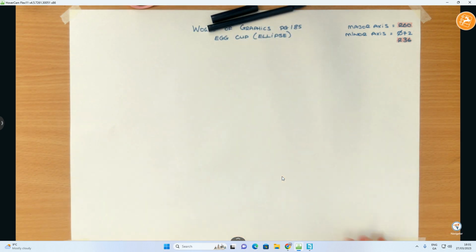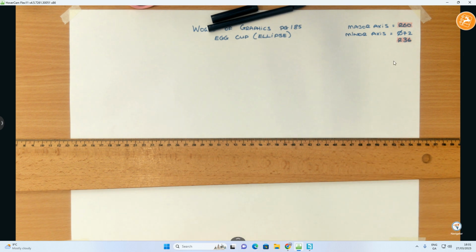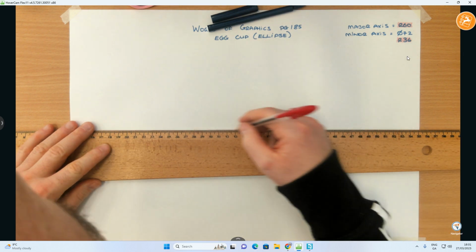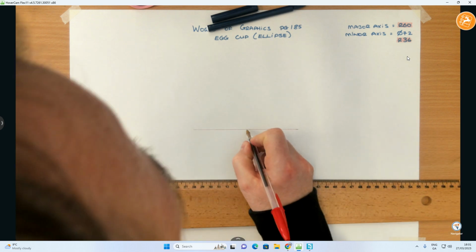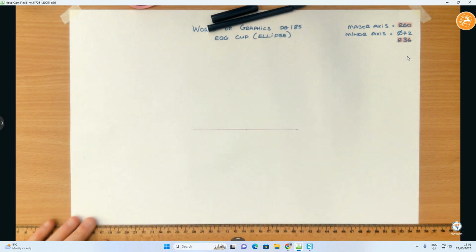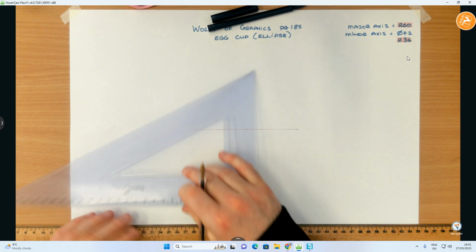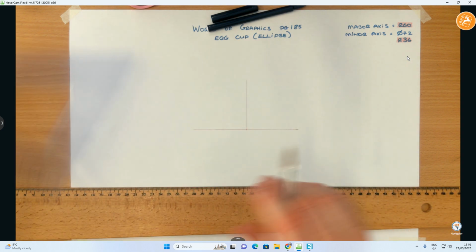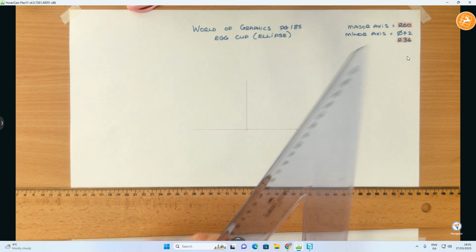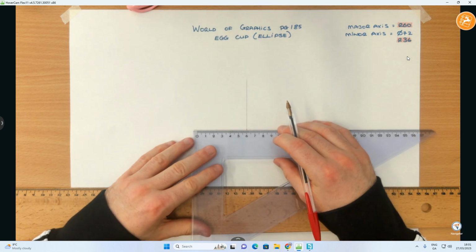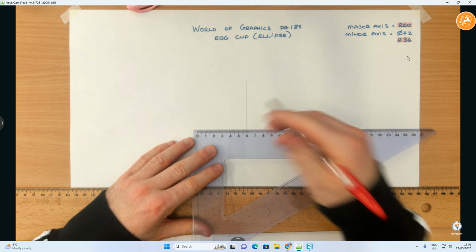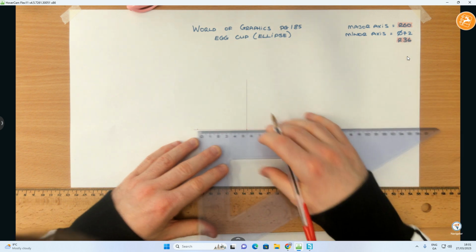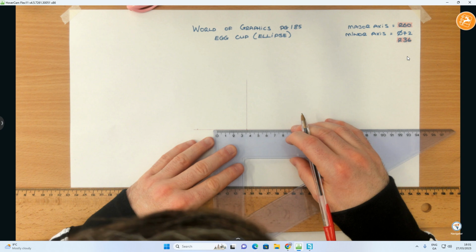So to complete this, I'm going to start off with a line in the middle of my page. I'm going to pick roughly about here as the center point. And from there, I'm also going to draw a vertical line. Now my radius is 60 for the major axis. So from the middle, I'm going to measure out 60, and then also out 36.